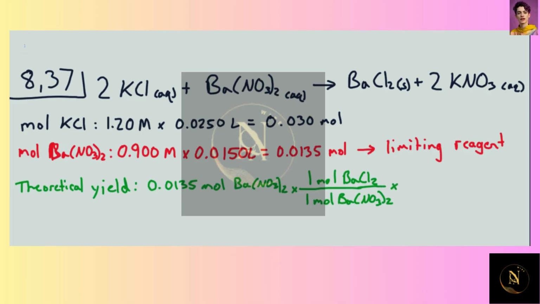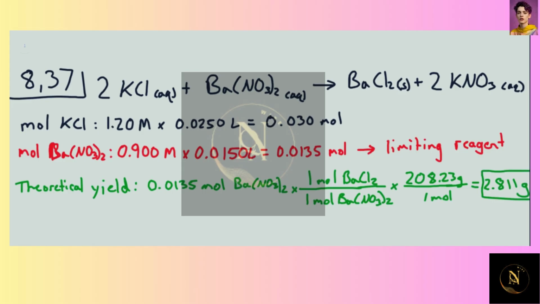And then we need to multiply by the molar mass of barium chloride. So we get 208.23 grams per 1 mole. And this gives us a value equal to 2.811 grams. So this is our theoretical yield.